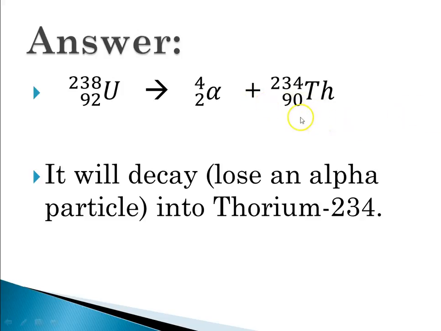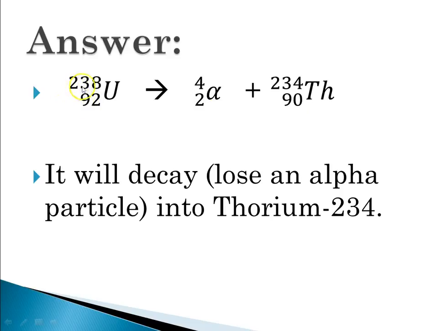Now, it's good to note here that the law of conservation of mass still applies. So our subscript on the left of the arrow was 92. And if we add up the 2 subscripts to the right of the arrow, they equal 92.